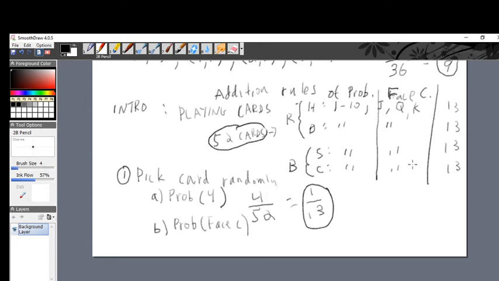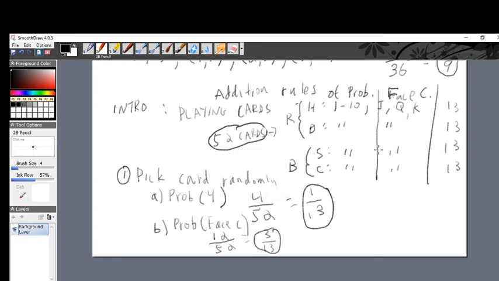That's a total of 12. So there's a 12 out of 52 chance of getting a face card. You reduce that. You divide 12 by 4, you get 3. You divide 52 by 4, you get 13. And that is the probability of getting a face card.